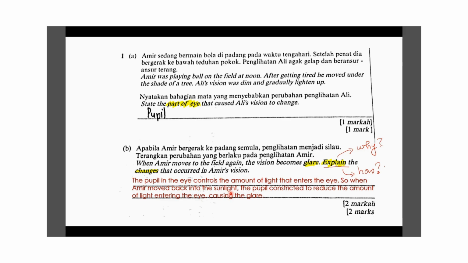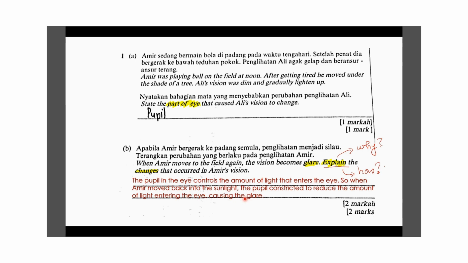Going back to an area that's brighter. So now you're moving from a dim area to a brighter area. So what will the pupil do? Since the pupil controls the amount of light that enters the eye, so then what does the pupil do? The pupil constricts. So the pupil constricted to reduce the amount of light entering the eye, causing the glare.